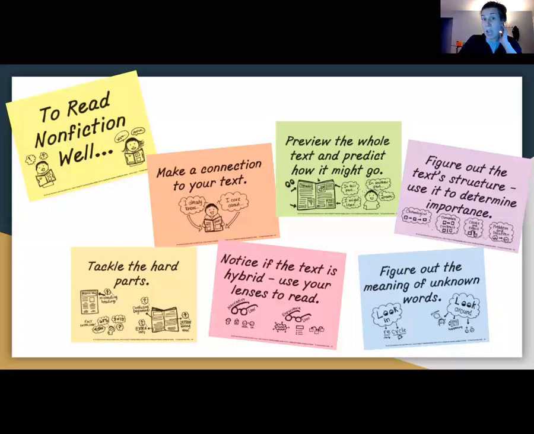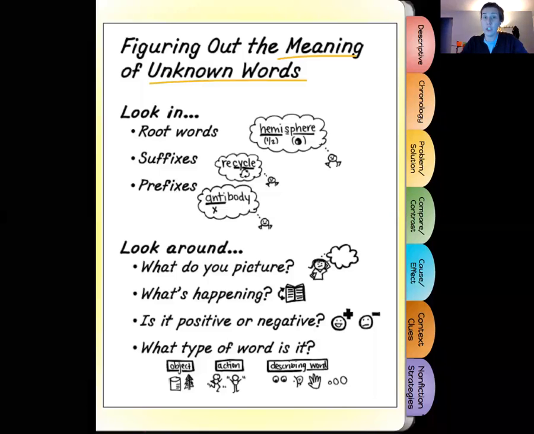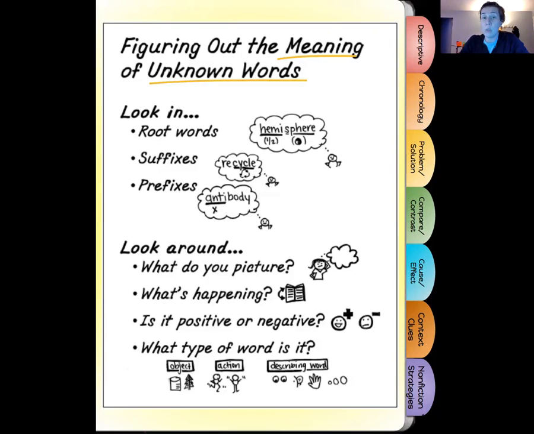So your job when you are reading unknown words is trying to figure out the parts that you do know versus the parts that maybe you don't know. And as you're doing that, make sure that you use all these tools and skills to help you figure out what these new words might mean: looking at root words, the suffixes, the prefixes, going in your head and seeing what you picture, imagining what's happening.